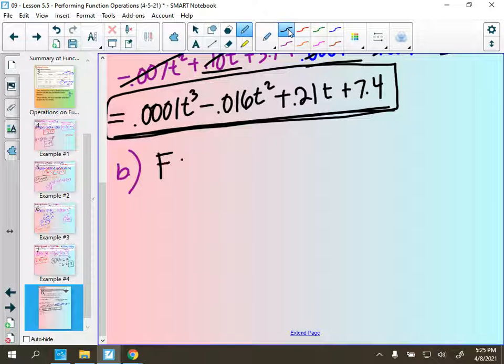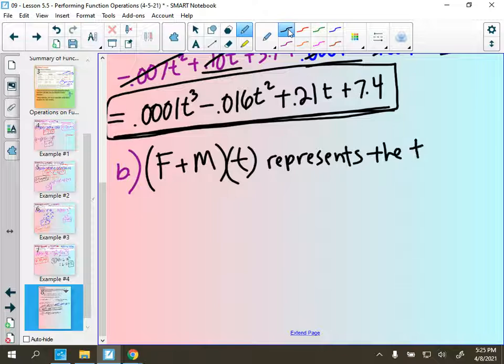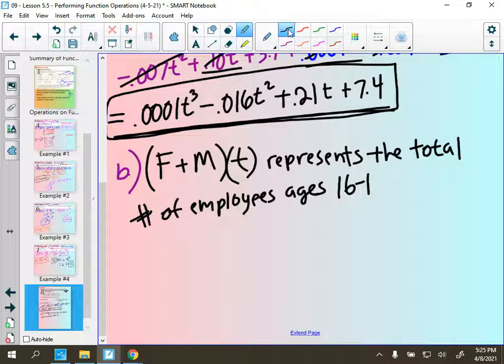F plus M of t represents, let's use a sentence here, the total number of employees ages 16 to 19 in the U.S., just a bunch of tags on it, right?